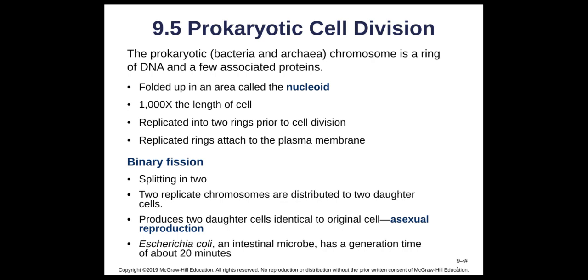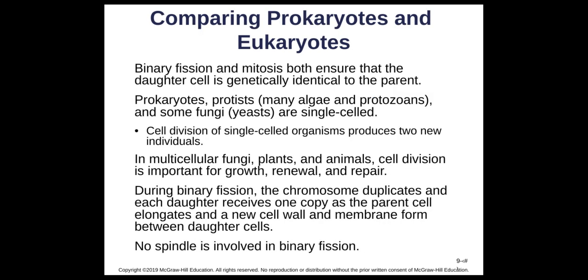For example, E. coli, which is found in mammal intestines, has a generation time where it will divide about every 20 minutes. When we compare prokaryotes and eukaryotes, we need both binary fission and mitosis to make sure that the daughter cells are a genetic identical copy to the parent.